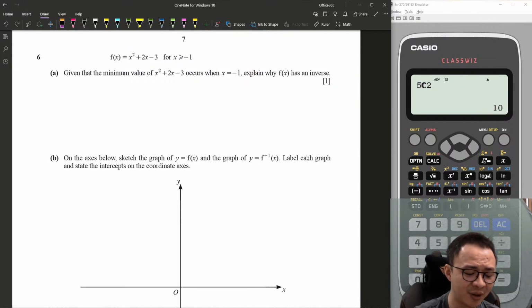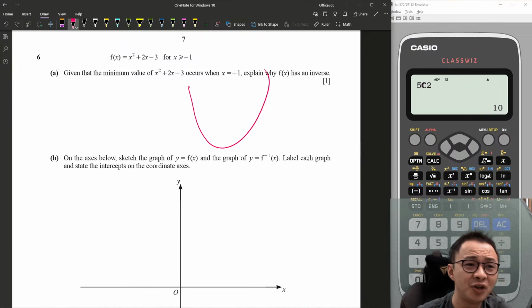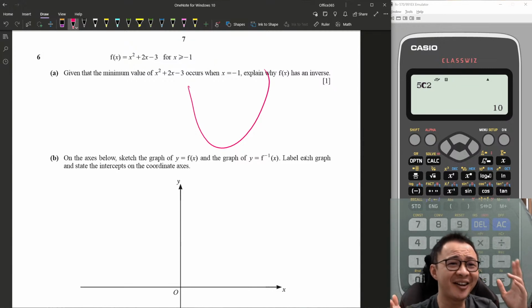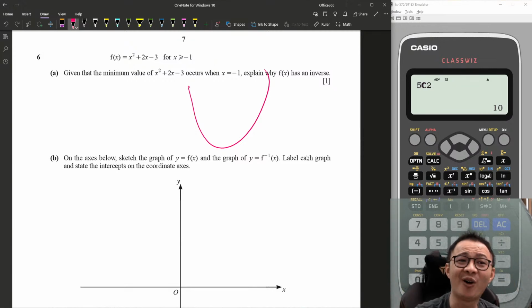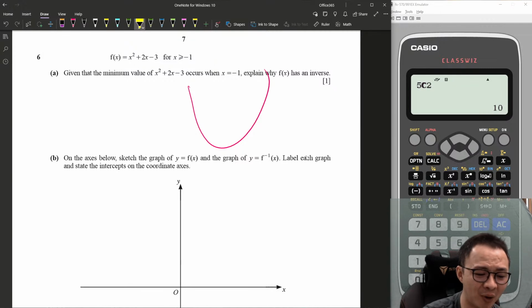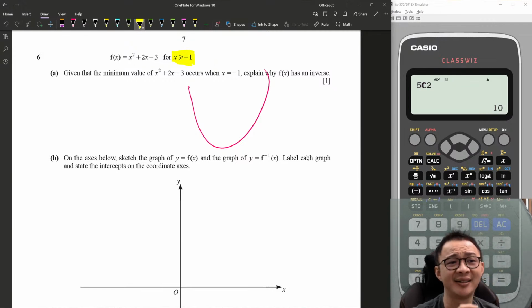Because quadratic will never have an inverse. Why? Because quadratic is not a one-to-one function. Quadratic is a U-shape. A U-shape can never have an inverse because it's a many-to-one function. In order to have an inverse function, it must be a one-to-one function. But mathematicians found a smart way to make this quadratic have an inverse by limiting the domain. So this is the reason why the very important thing here is x is bigger than or equal to -1.